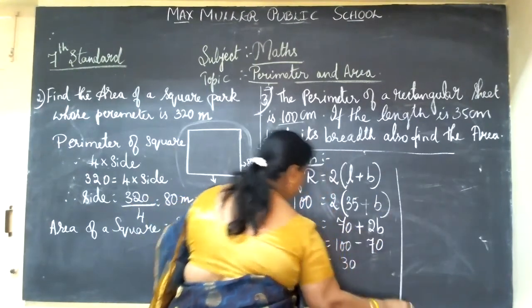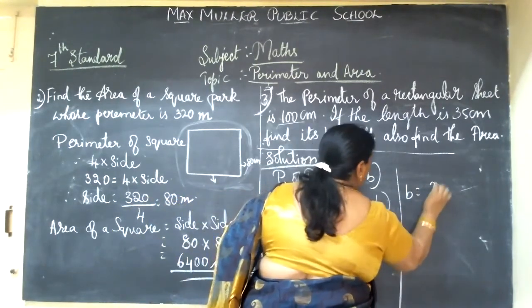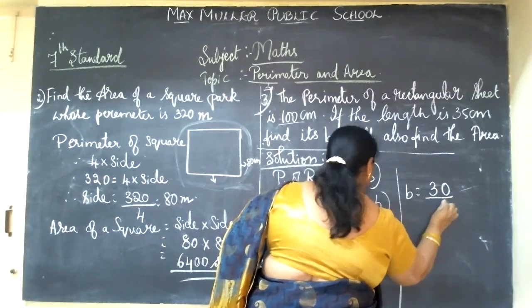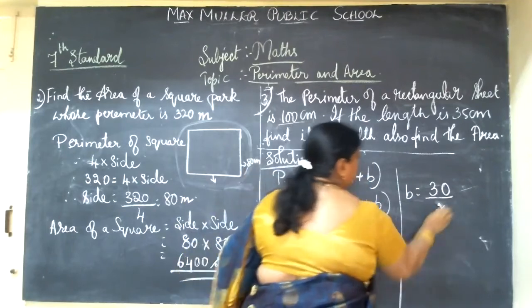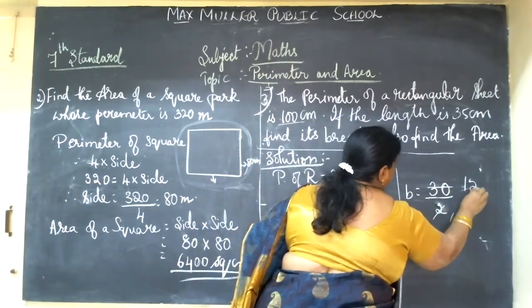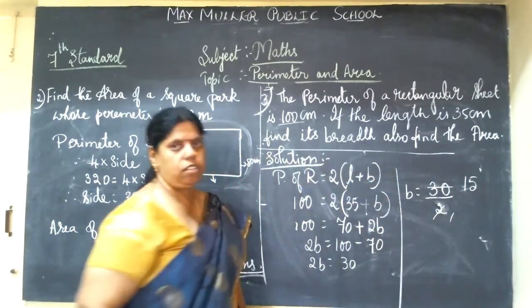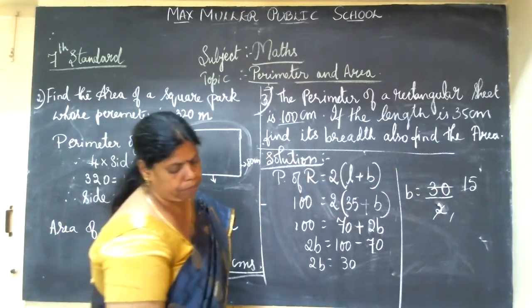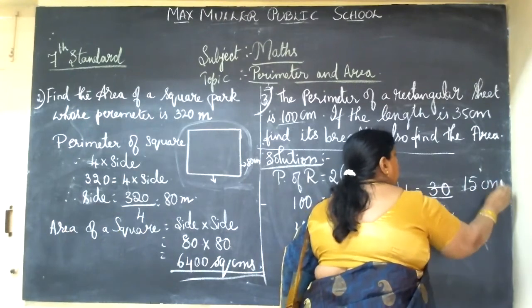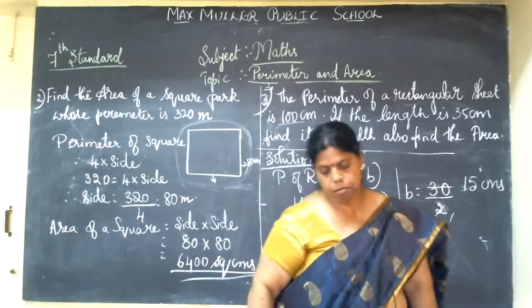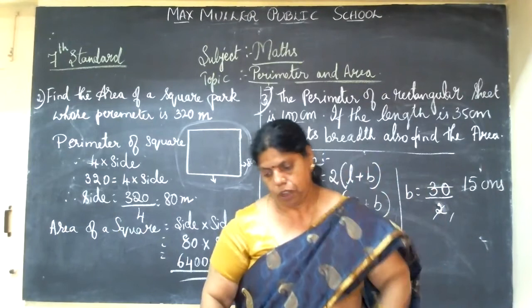B is equal to 30 by 2. That is 15. So breadth is equal to 15 centimeters.